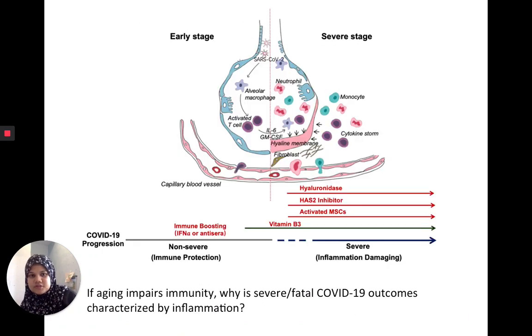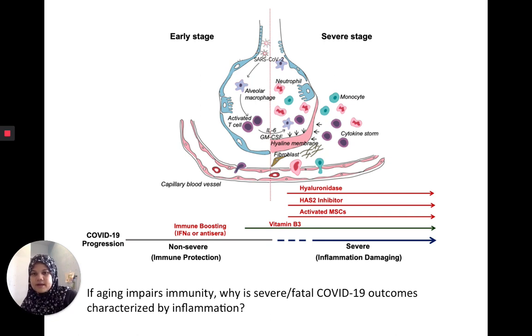Now, just to switch back to COVID-19, what's interesting is, again, we know that it's more severe in people who are older. We know it's more severe in people who have more comorbidities. And we know that aging usually decreases your immune system. So if aging impairs the immunity, why is it in COVID-19 that severity or the fatality that comes from inflammation occurs?